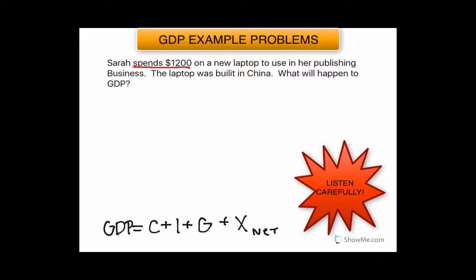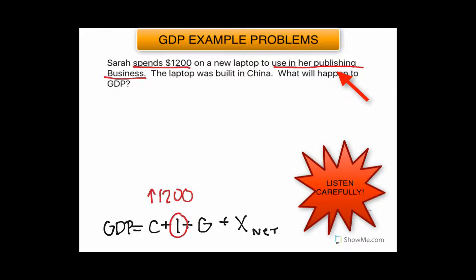However, we have to look at what she's using it for, and she's using it in her publishing business. And so because of that, we're going to look at that as investment because she's investing into her business. So we have an increase in investment here for $1,200.